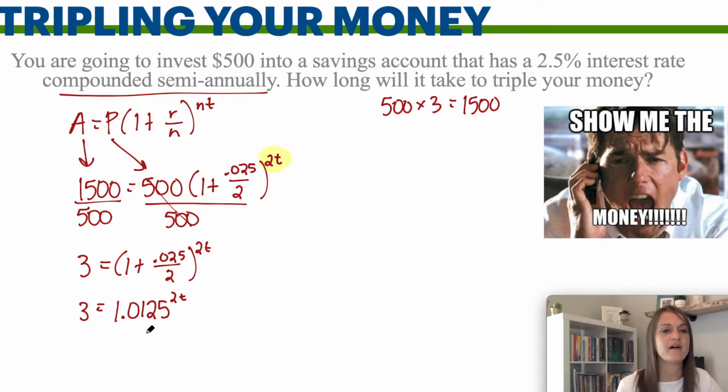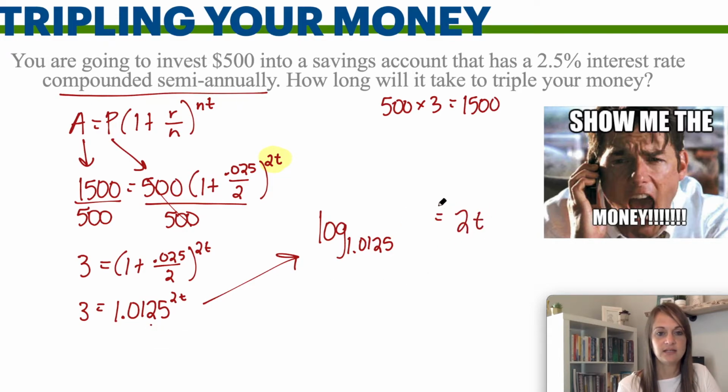Now that you have an exponential equation, we can actually use the inverse in order to solve it. So I can rewrite this as a log. So the log, the base, is 1.0125 raised to the 2t equals 3.